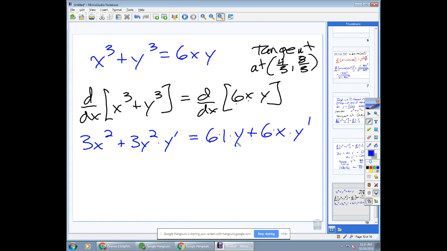So for example, this 6y is gonna stay put, but I'm gonna bring this 3x squared over to the other side. This 3y squared y prime is gonna stay put, I'm gonna write it here. And I'm gonna have to subtract over the 6xy prime.